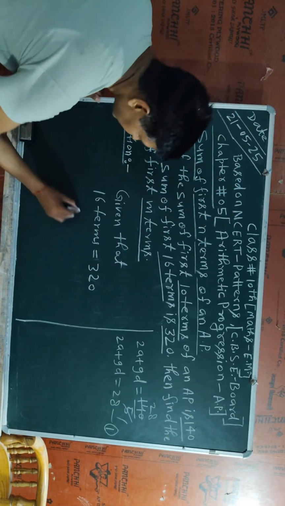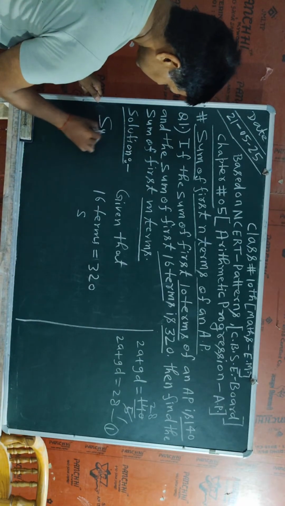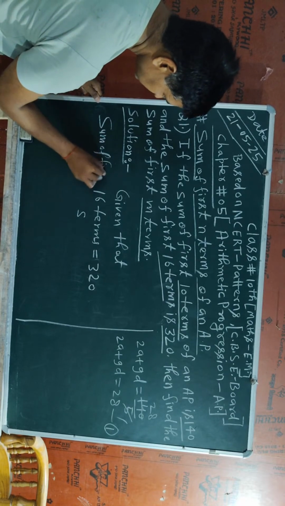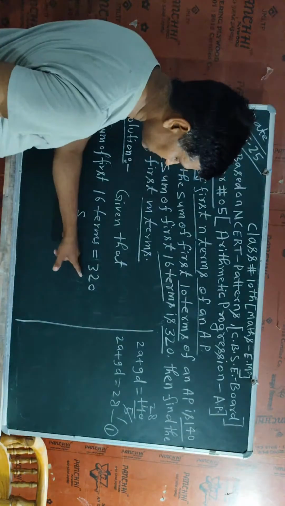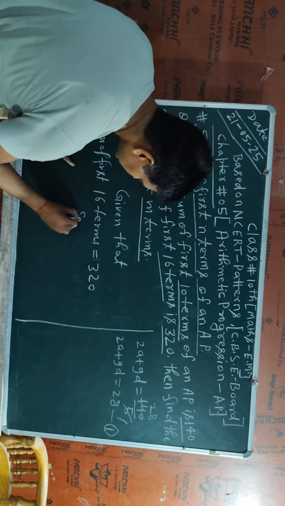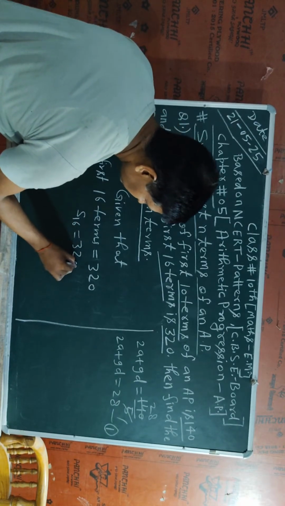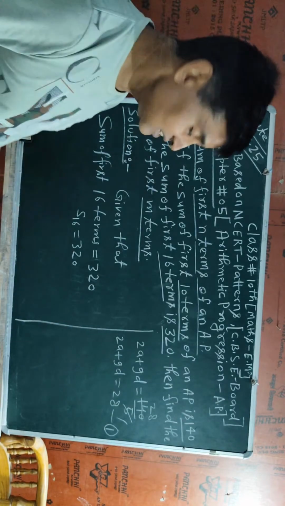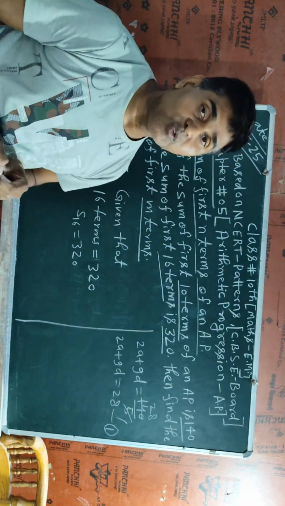So here I write, sum of first 16 terms, S16, which is equal to 320. Okay students, these are the information which is available in the question.